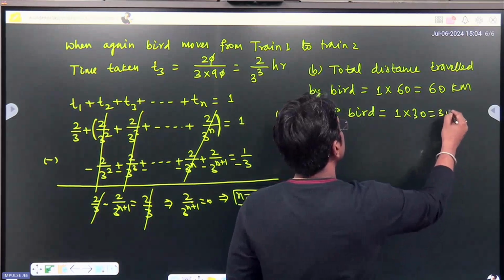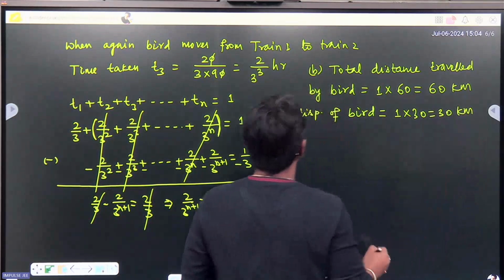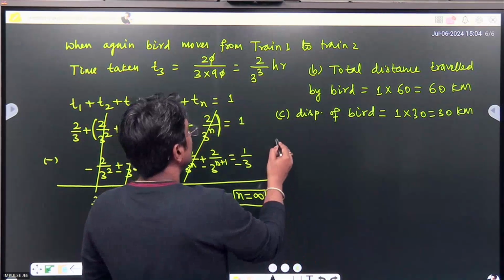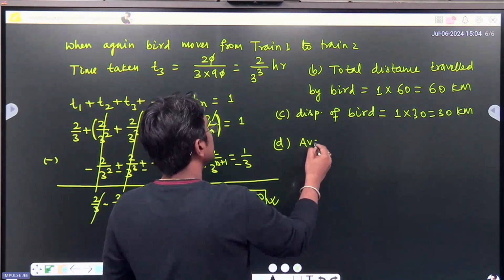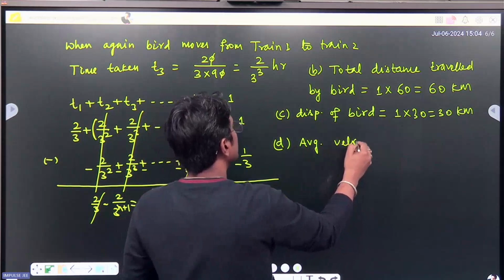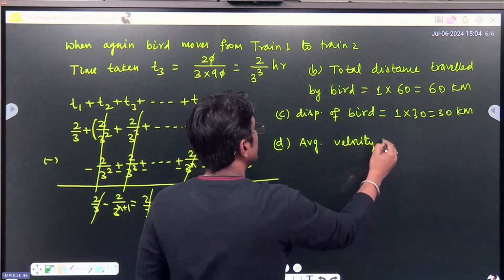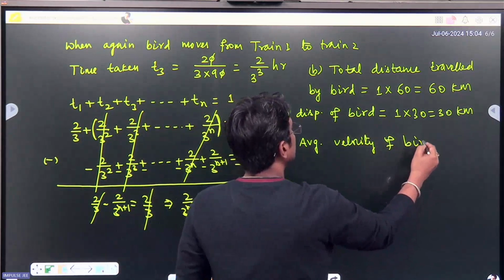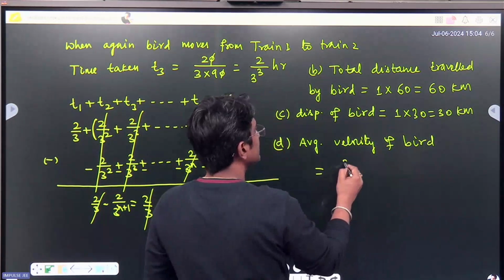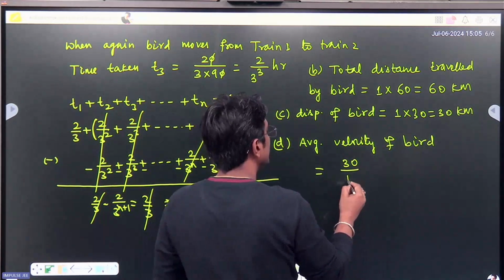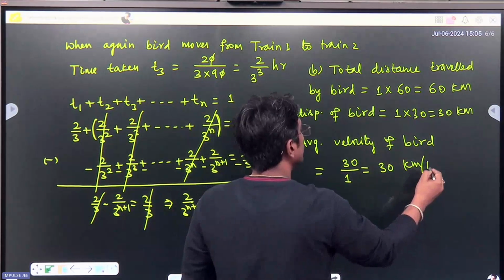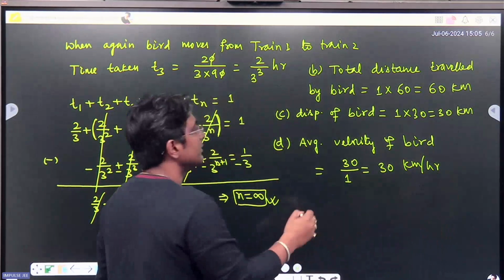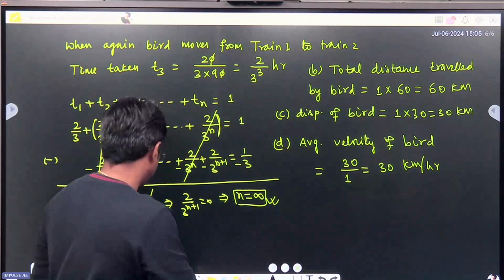So that is coming 30 kilometer. If we have to find the average velocity of the bird, then we can write its displacement 30 by total crashing time, that is coming 30 kilometer per hour is the average velocity of the bird.